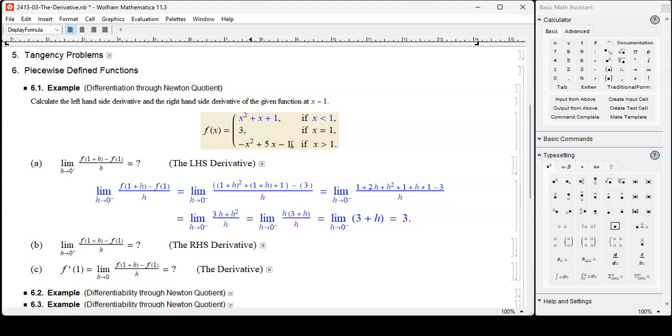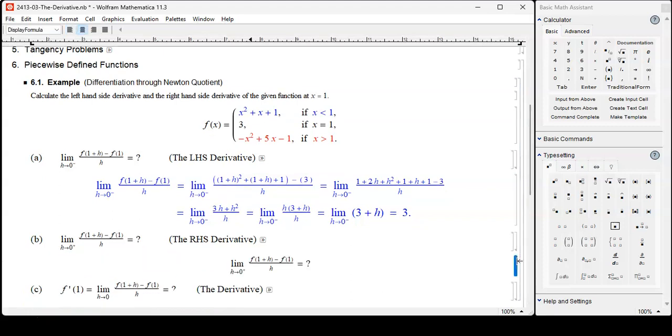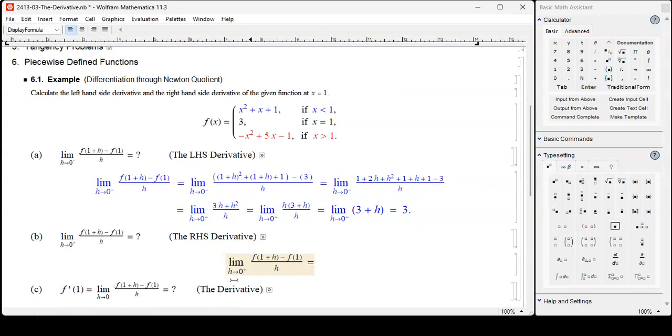Now let's do the same thing for the third line, when x is greater than 1. That's what this derivative computation is all about. Let's increase the font. Yeah, we have 0 plus. So 1 plus h here is a bit greater than 1.